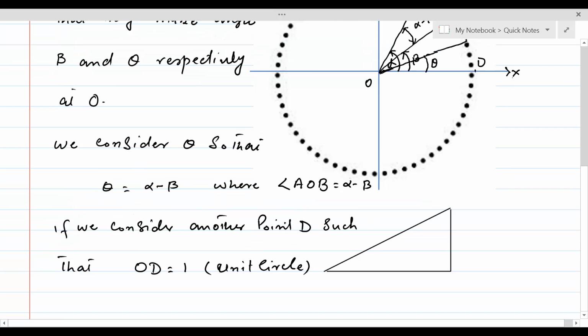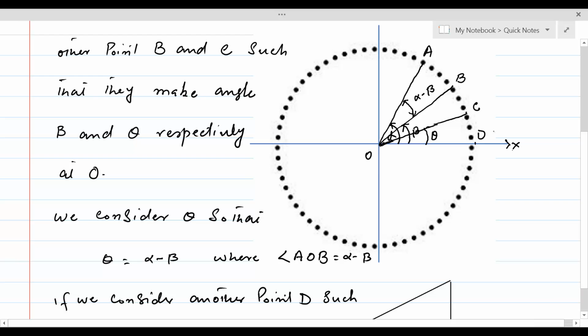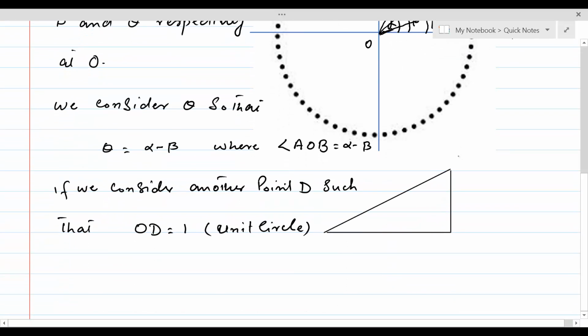Then what will be the coordinates of D? The coordinates of D will be 1, 0 because D is just on the x-axis, its height is 0, and because it's a point on the unit circle, its radius is equal to 1.